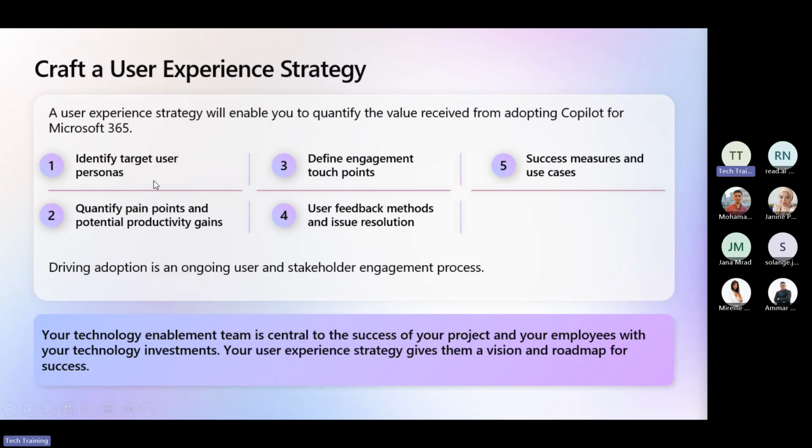Okay. Then let's go with the user experience strategy. Identify the target user personas. Who am I going to convince to use the Copilot? Just put your hands on the pain points where you see that maybe these personas and a department are facing problems like generating new reports. So explain to them how Copilot would help them.